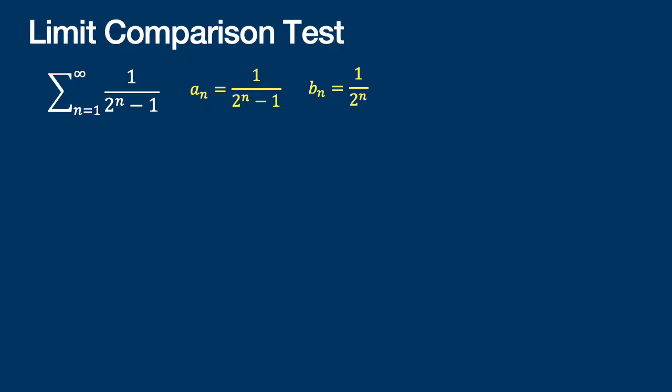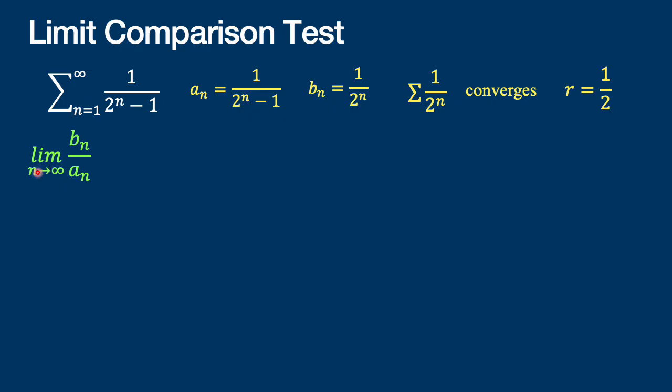So we cannot do the direct comparison test, so we're going to use the limit comparison test. You already know this geometric series converges, guys, because the ratio is 1/2. So if the limit of the ratio bn over an exists, then we're going to say this series converges. Let's check it out.